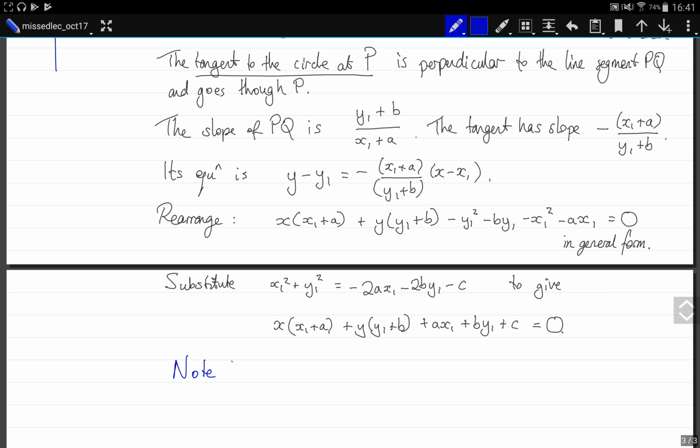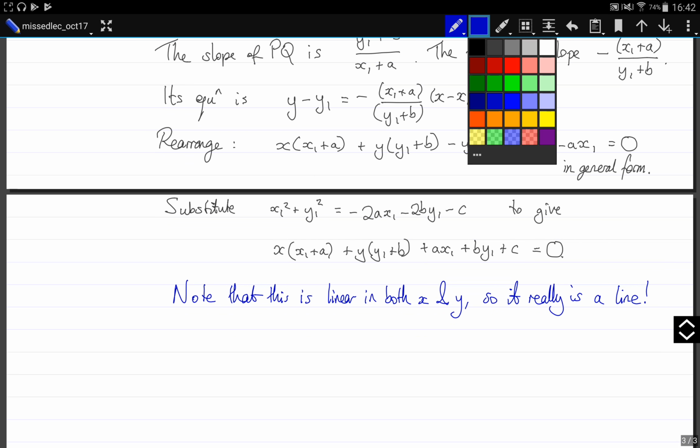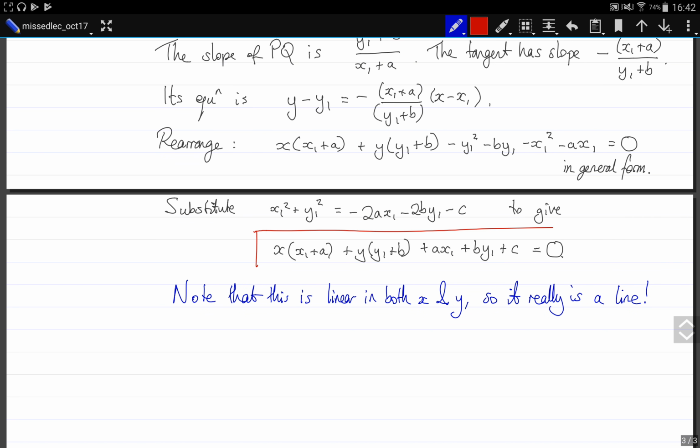And just as a sanity check, note that this is linear in both x and y. So it really is a line. Let's put a box around this, and we can call it definition 1.8.